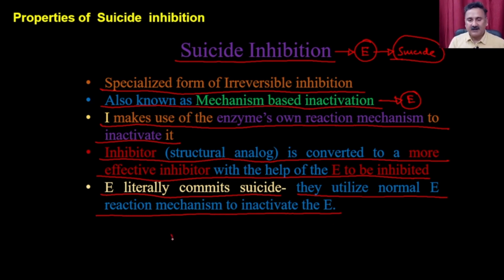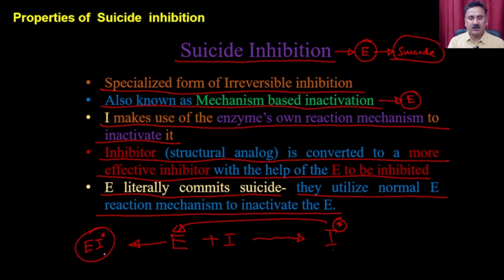We'll take an example, then you will understand what it means. So the enzyme is going to process the inhibitor. The inhibitor goes and binds to the enzyme, and then it is processed, and that's how the inhibitor gets converted into an inhibitor star. And as soon as the inhibitor star is formed, it attacks the enzyme, and that's how it forms an enzyme-inhibitor star complex.